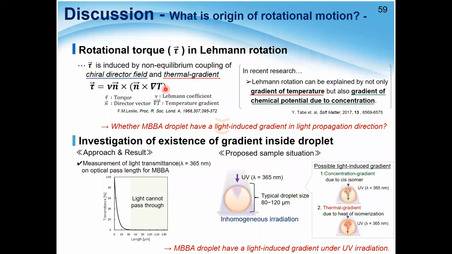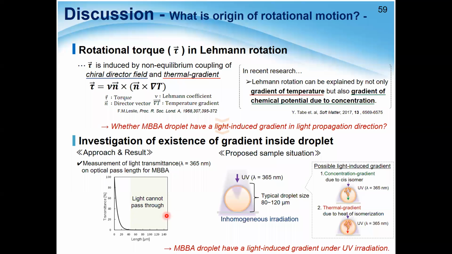So what we need here is a temperature gradient, but in our experiment, we illuminate UV light. If the UV light irradiation gives some inhomogeneous distribution, it could generate some sort of gradient force, such as a chemical concentration gradient or thermal gradient.